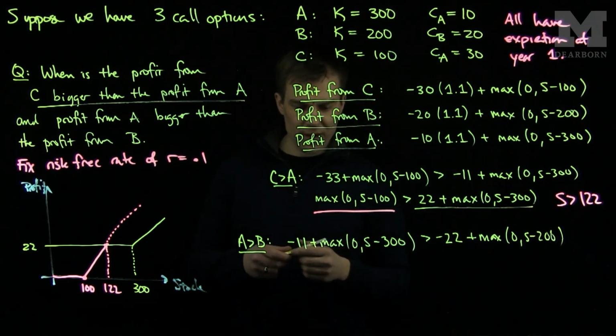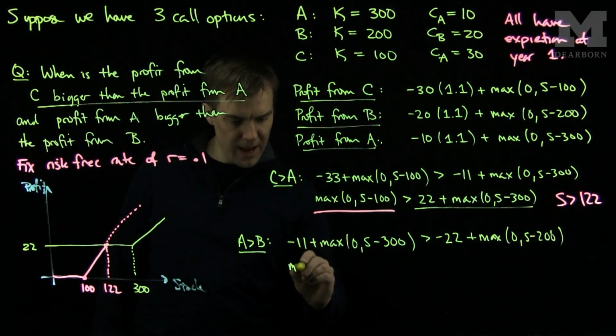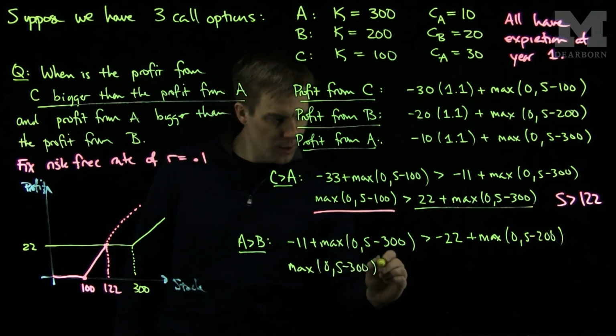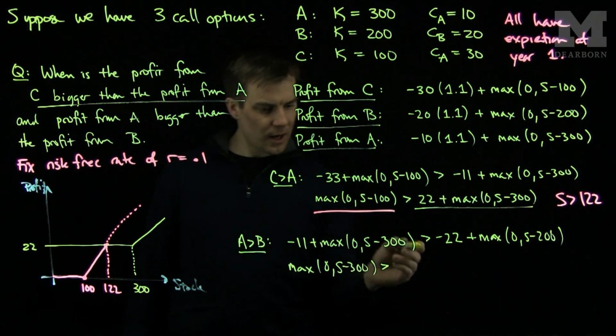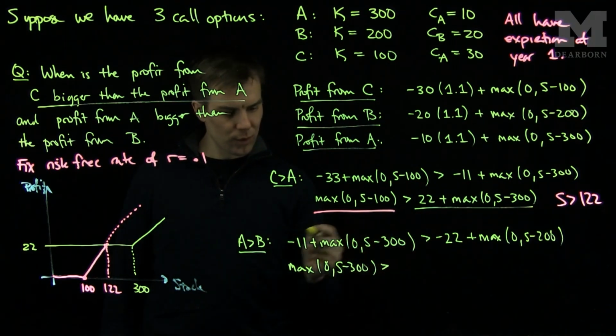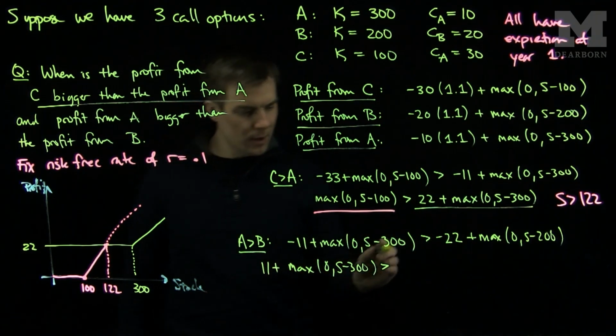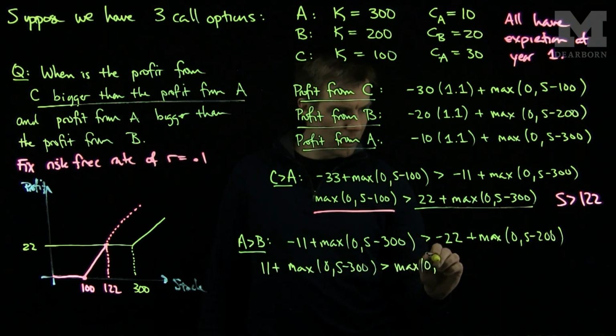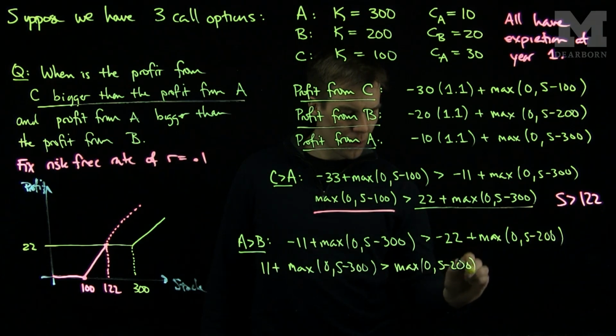If we rearrange this, it is exactly equivalent to the max of 0 and S minus 300 plus 11 being bigger than the max of 0 and S minus 200.